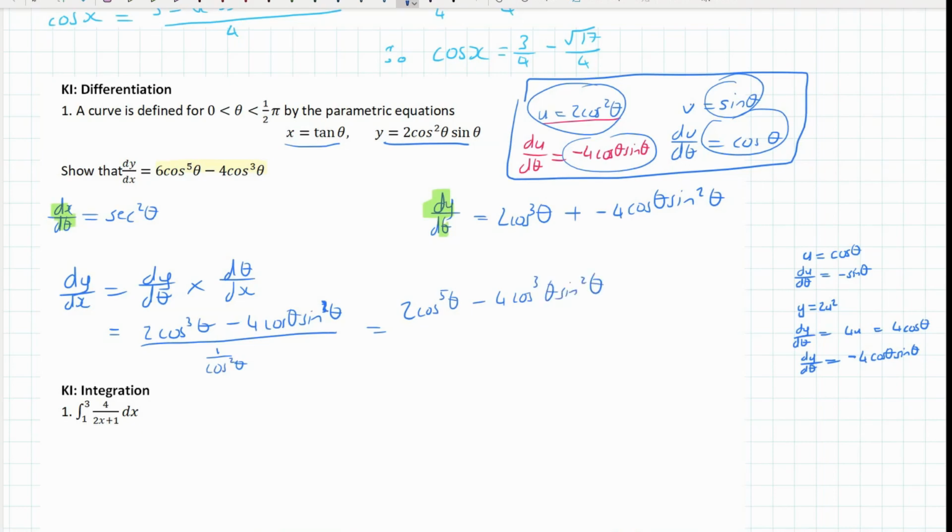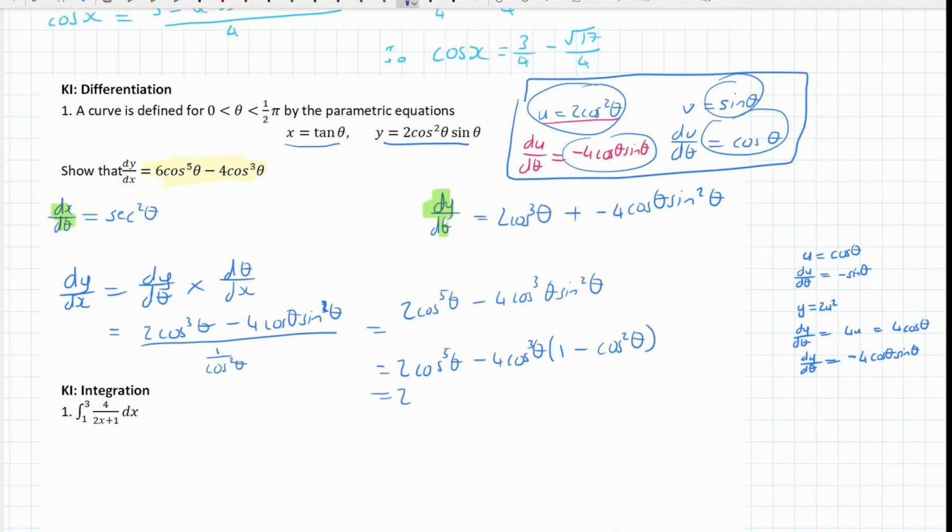So we can simplify this as 2 cosine to the 5 theta minus 4 cosine cubed theta sine squared theta. Now at this point, you can see that what we're trying to get is actually all in cosine. So in my next line, 2 cosine to the 5 theta minus 4 cosine cubed theta into 1 minus cosine squared theta, using the identity that we learned in Pure Maths 1.